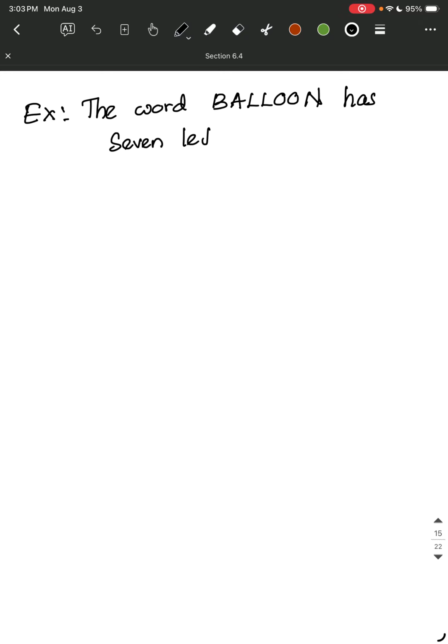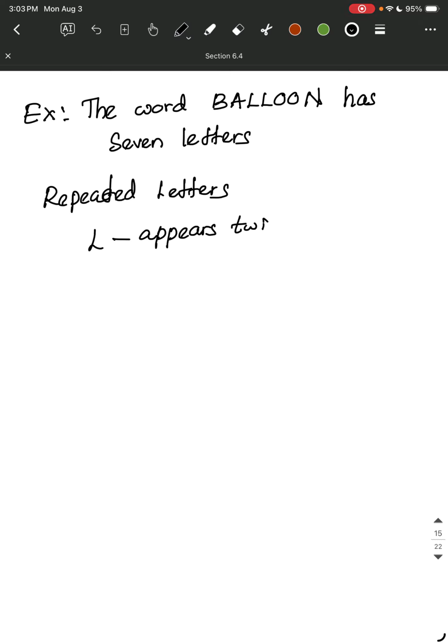Repeated letters: L appears twice, O appears twice, B, A, and N appear only once.